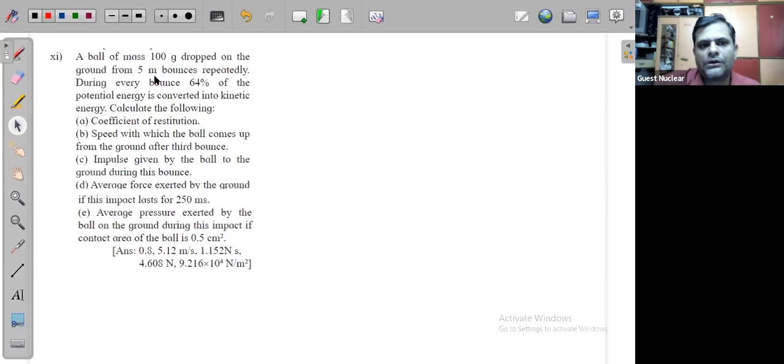See here, a ball of mass 100 gram is dropped on the ground from 5 meter and bounces repeatedly. During every bounce, 64% of potential energy is converted into kinetic energy. Okay, so calculate the coefficient of restitution, the first thing.